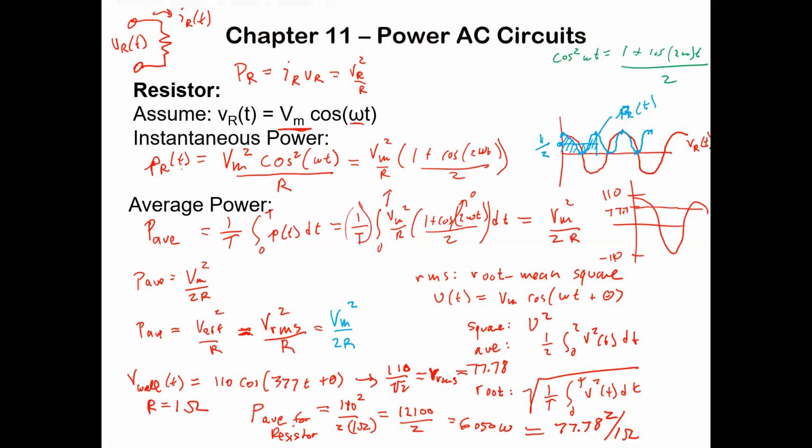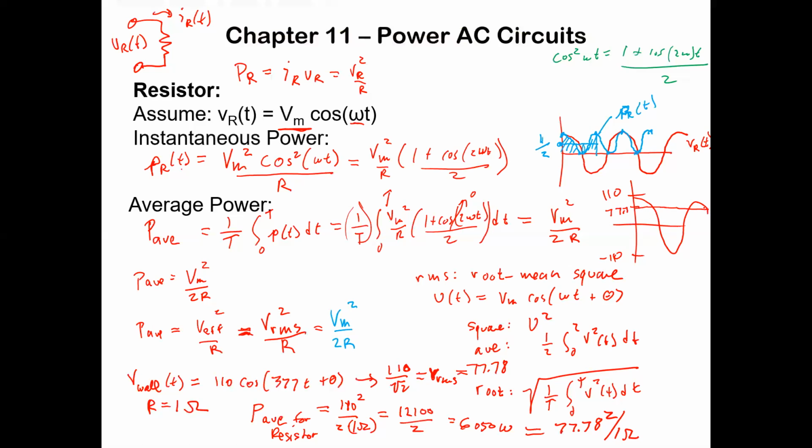If you plugged in a DC voltage at that RMS value across that resistor, you'd get the same power out of that resistor. Because the DC power is just V squared over R, and AC power is V squared over 2R. The equivalent DC voltage to get the same power would be 77 volts for a 110 volt AC signal.